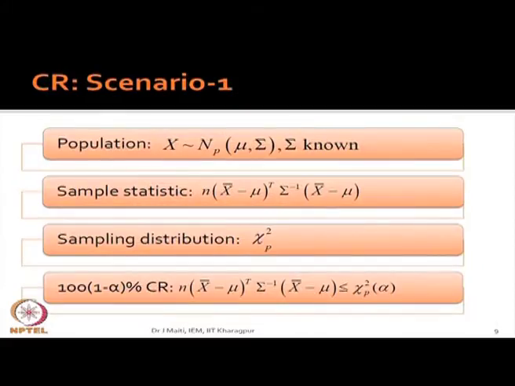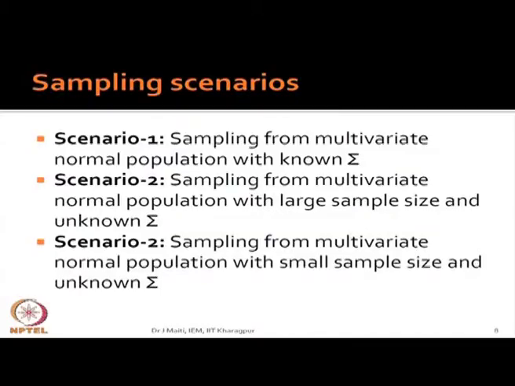We are discussing these three scenarios. Scenario 1 is sampling from a multivariate normal population with known sigma.